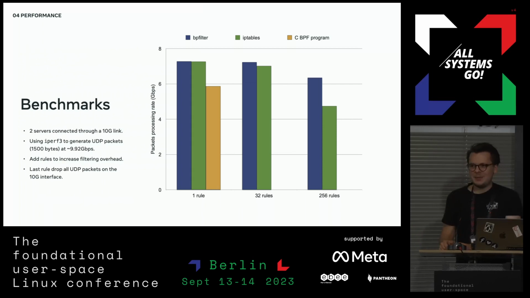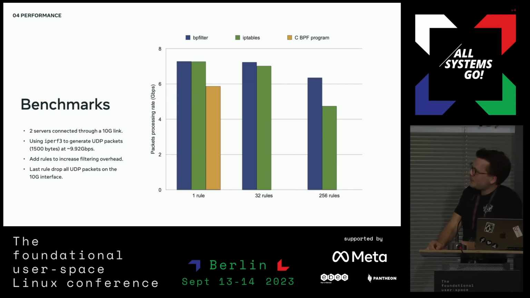We also have a cBPF program that I wrote myself, loaded into the kernel, and ran the benchmark, which is slower. I don't know why. I don't know what happened. I'm going to send a message to Alexei soon to get some details about it. I'm a bit surprised.